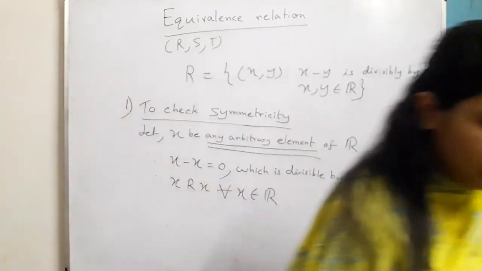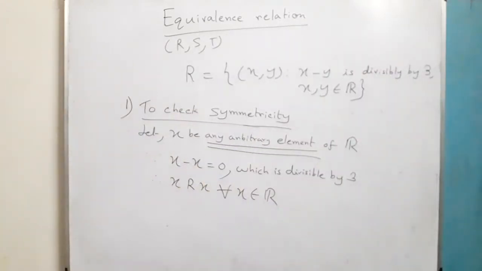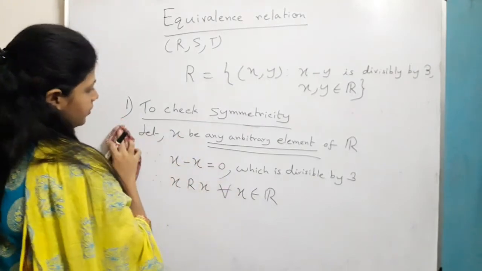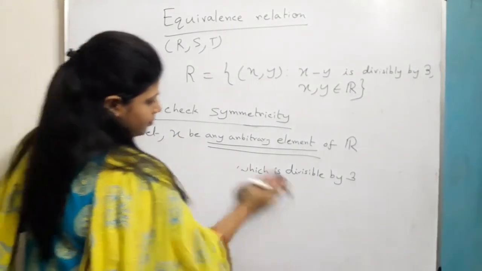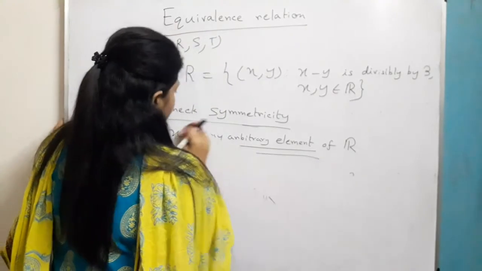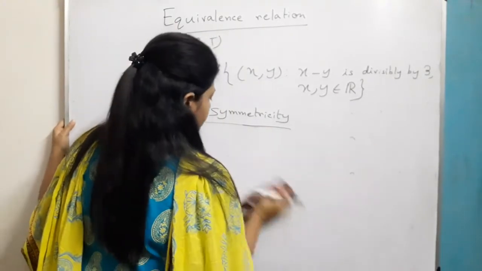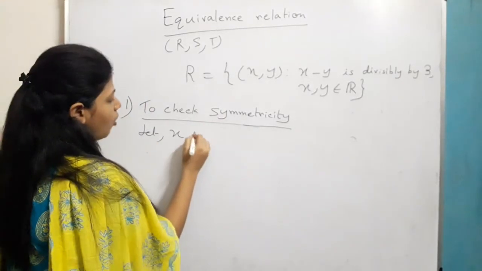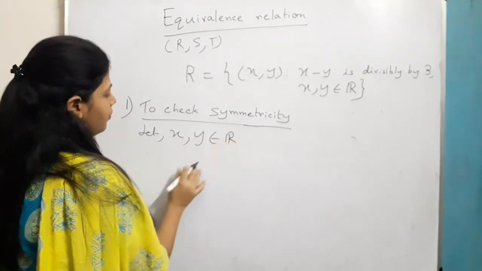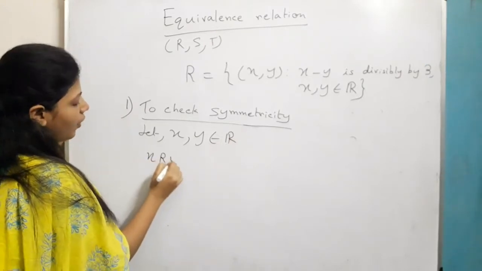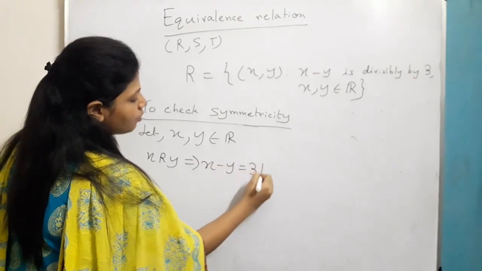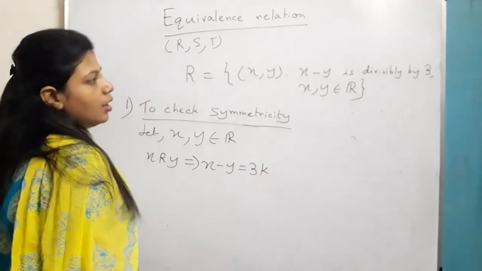This one I will write here. So to check symmetricity, I will take two elements here. Let x comma y belongs to R. So x R y implies x minus y equals 3k we can take.